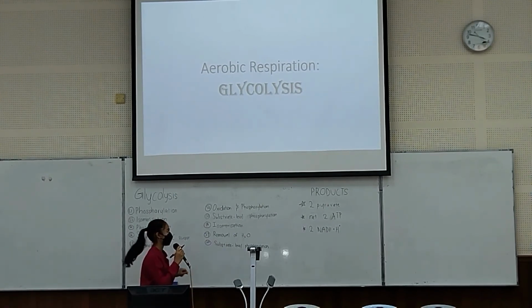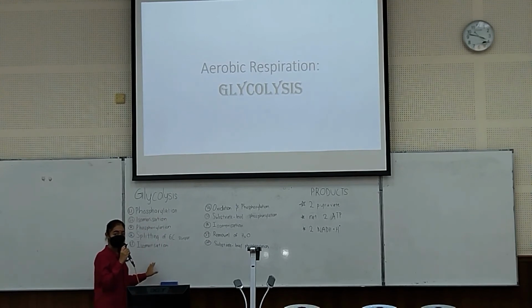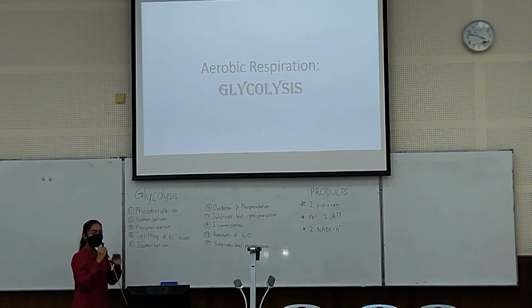Okay. So this is a summary of glycolysis. As I said, there are 10 reactions occurring in glycolysis. Let's take a look at all the 10 steps quickly. First one is phosphorylation, isomerization, phosphorylation once again, splitting of 6-carbon sugar, isomerization again.